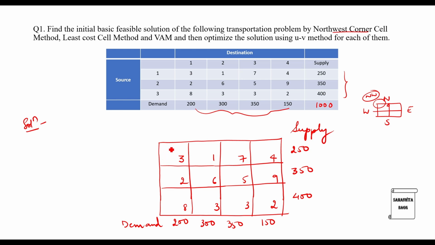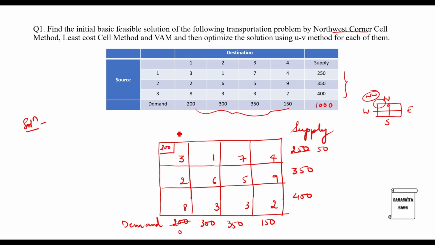Now we will start allocating from the northwest corner cell. So this is the most northwest corner cell amongst many of the other cells. So when we are here, I will first compare the supply and the demand. You can see demand is 200 but supply is 250. So you have to fulfill the demand and 50 quantities of the things are going to remain. So here I will write down the allocation is 200.